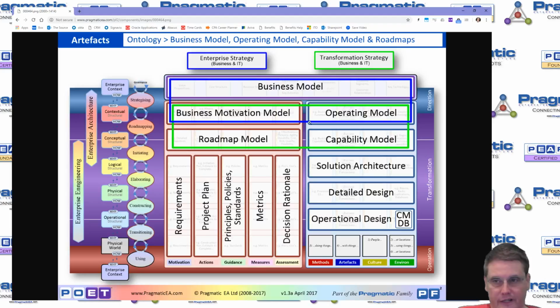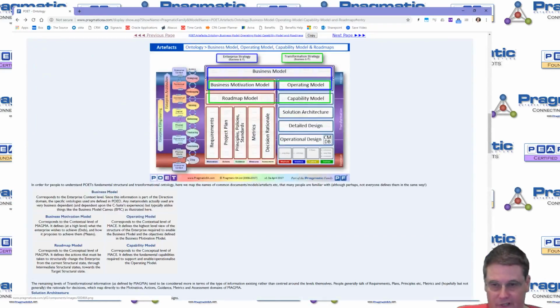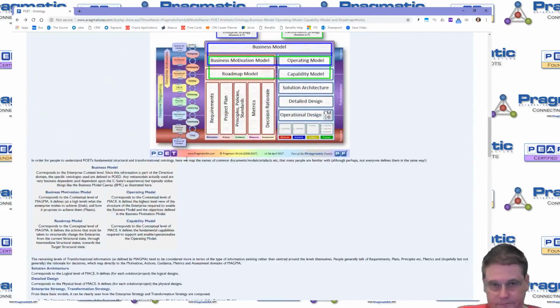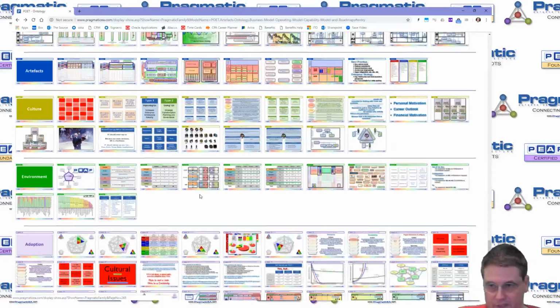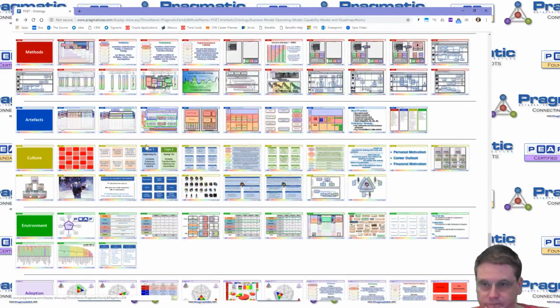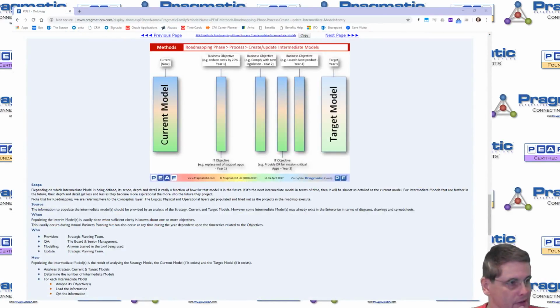satisfy our journey. There's another diagram that kind of talks about that. That's in PEAF, which is down here. Actually, let me show you in PowerPoint. It's much easier in PowerPoint.